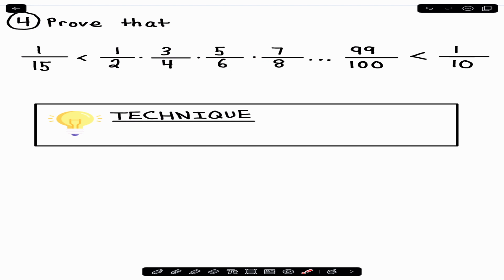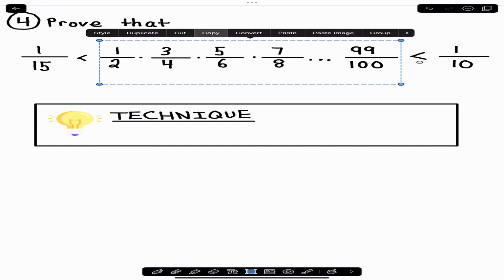Because the 2 would cancel with the 2 over here, the 3 would go with the 3, the 4 would go with the 4, 5 with the 5, so on and so forth. So maybe we have to do some work to introduce this telescoping product. So let's see how we can do that.